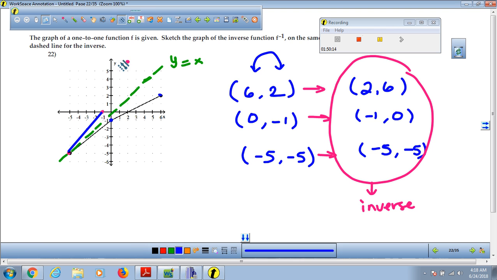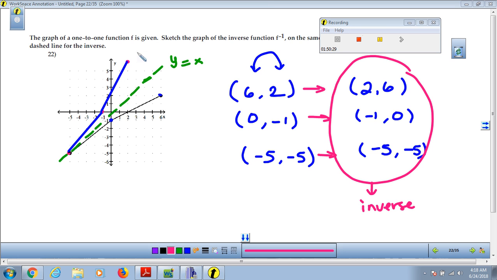Let me do this one again. Kind of. I don't know if I did it worse, but that's more or less the idea. So this piece is a reflection over here, and this piece is reflected over here. So they do look like a mirror image, and that's the idea of the inverse. You switch the x and y places. Don't change any signs, just switch x and y.